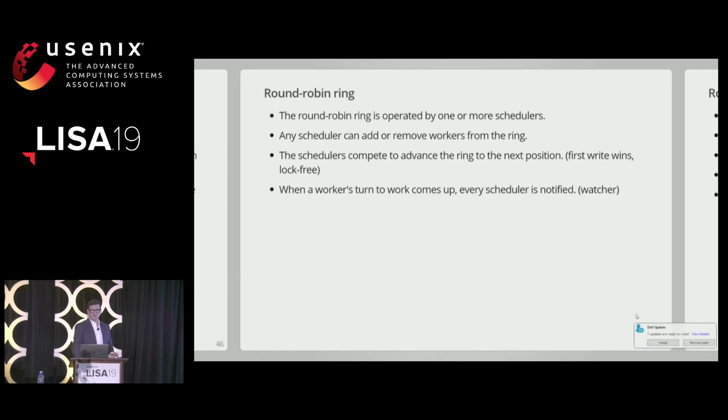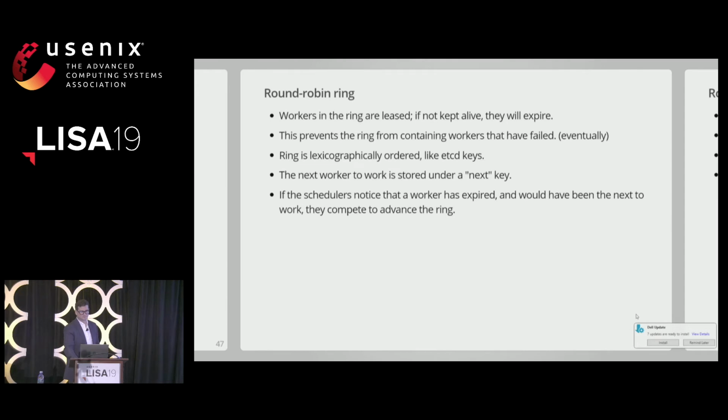And when a worker's turn to work comes up, every scheduler is notified. So it doesn't actually matter which scheduler the worker is connected to, because even if halfway through the ring triggering process, the worker disconnects from its scheduler and connects to another one, it'll still be notified that it has work to do. So it tends to be very robust.